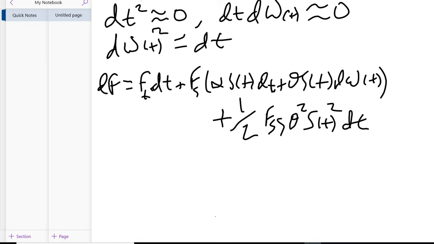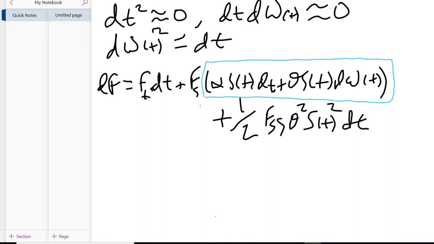Because when you take this term and multiply it by itself again, the dt dt, dt dW_t, dW_t dt terms drop out, they're effectively 0, and all we're left with is sigma S_t dW_t times sigma S_t dW_t. Sigma and S_t just get squared, but then again the dW_t squared turns into dt.